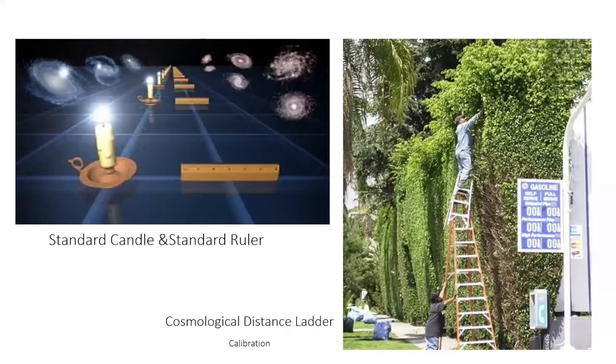This is just a cartoon: the standard ruler is the angular diameter distance, and the standard candle is something like Cepheids or supernovae. Now the cosmological distance ladder is something like this. It illustrates the trickiness of using cosmological distances, using calibration.